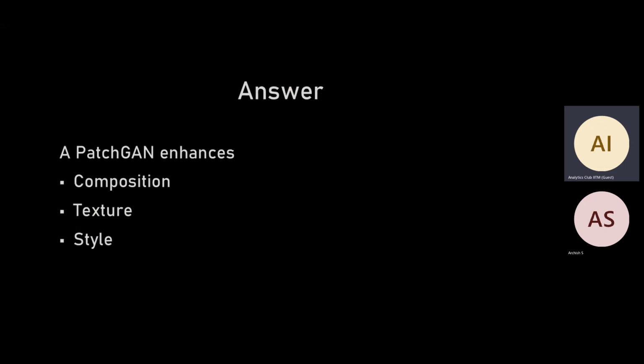So if the value of n is large enough, we can get enough information about composition. Common patch GANs are 16 by 16 and 70 by 70. In 16 by 16, we cannot say that a patch GAN enhances the composition. But for cycle GANs, we use patch GANs of 70 by 70. So yeah, it does retain information about composition.